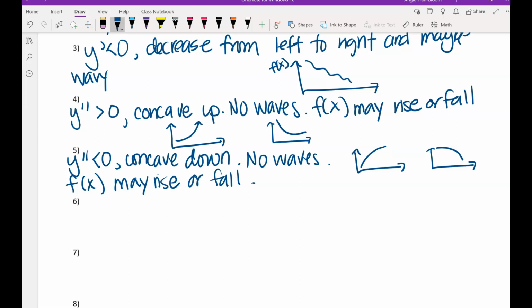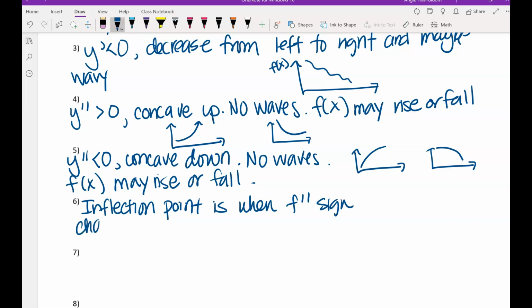Now 6 is your inflection point, which also deals with the double derivative. An inflection point is when the double derivative sign changes, and remember, a tangent exists, right?